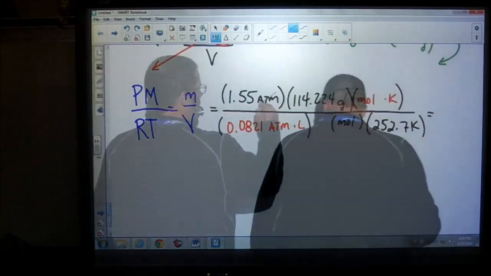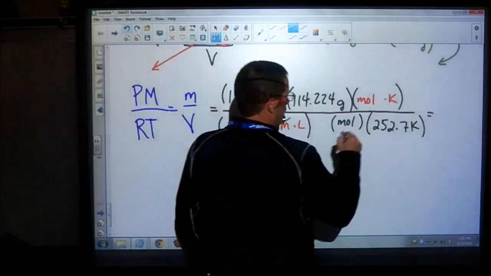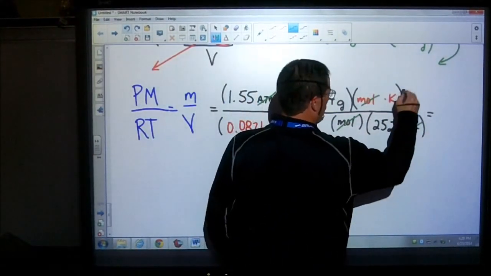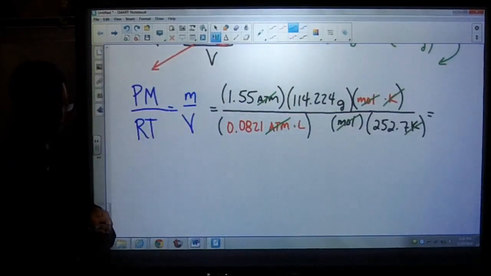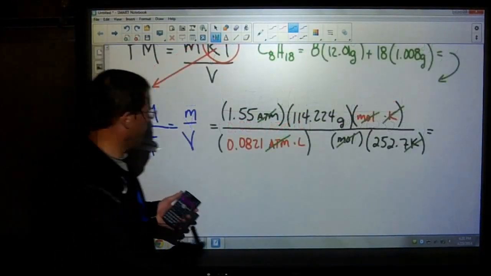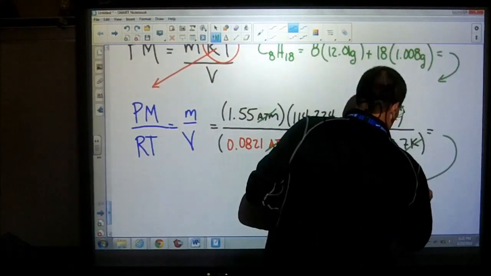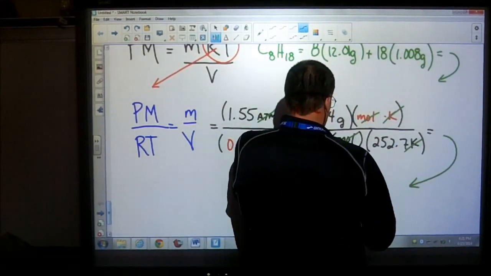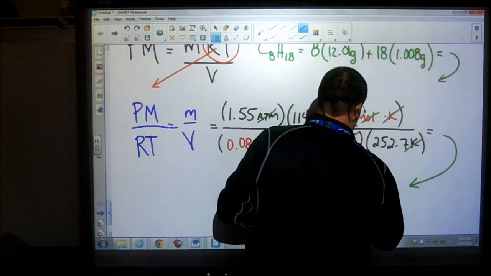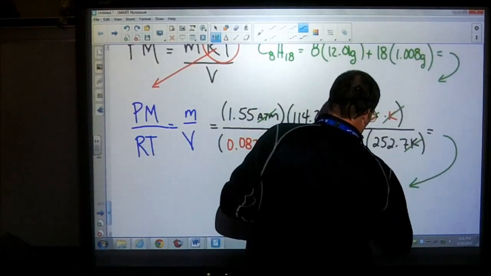So let's look at our units real quickly. Atmospheres are gone, the moles are gone, and the Kelvin are gone. So we're left with grams over liters, which is density. So let's get a value for that. 8.53, and that's grams per liter.